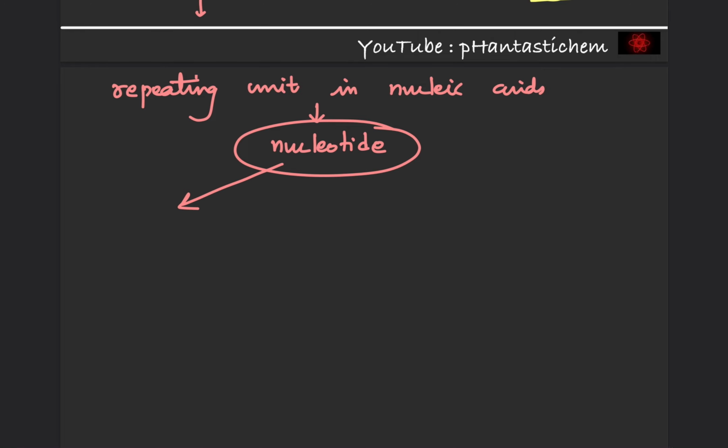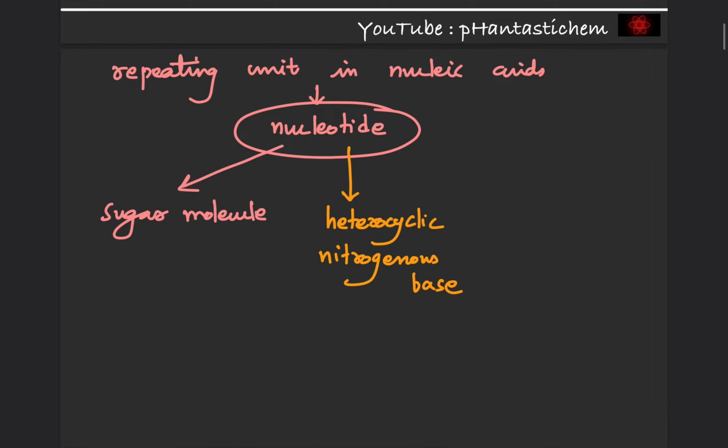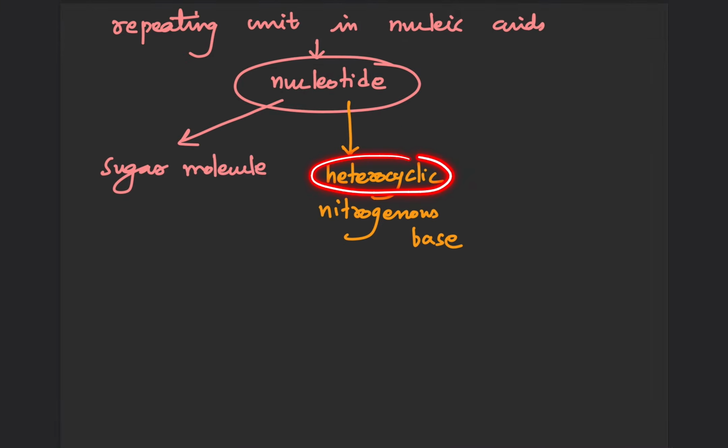The first part is a sugar molecule. The second part is a heterocyclic nitrogenous base. Okay, so heterocyclic compounds are those cyclic compounds that contain a heteroatom.